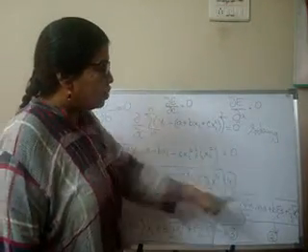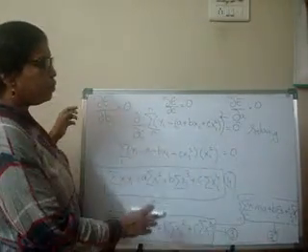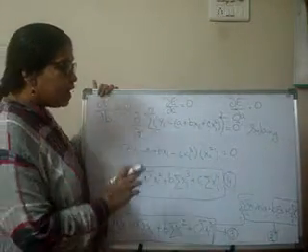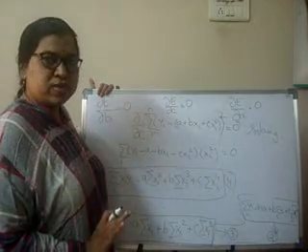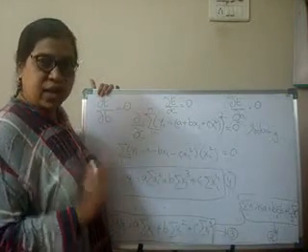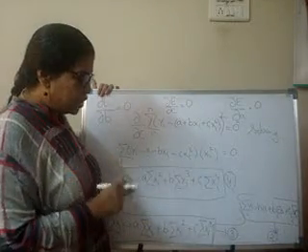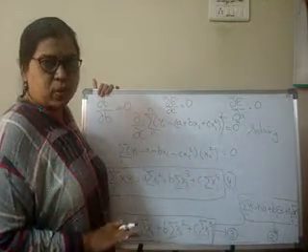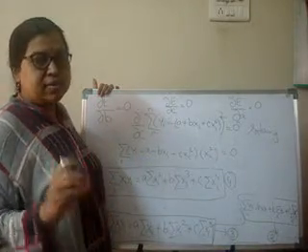So we got 3 equations, equation 2, 3, 4. Now these 2, 3, 4 are known as normal equations. We have 3 equations with 3 unknowns a, b, c. Now solving these 3 simultaneous equations, we are going to get the values for a, b and c.